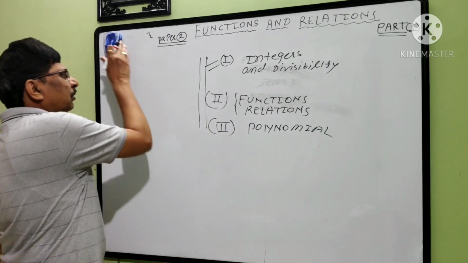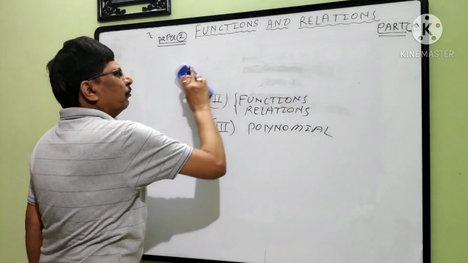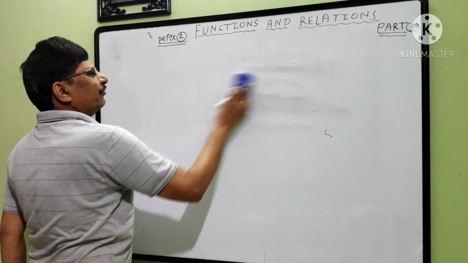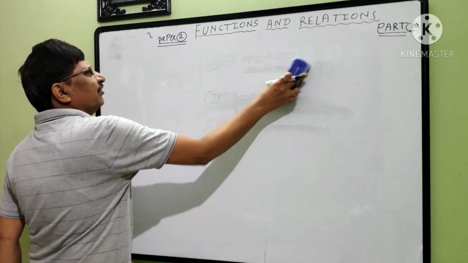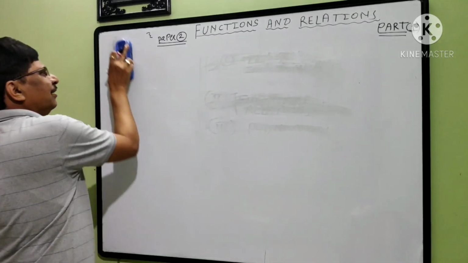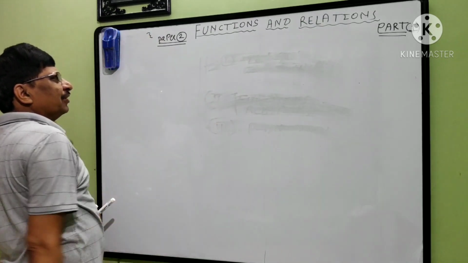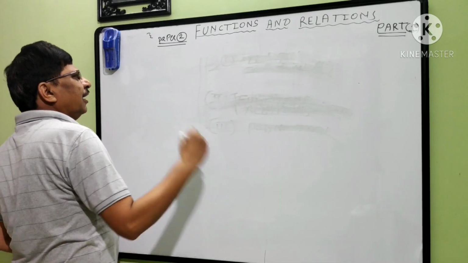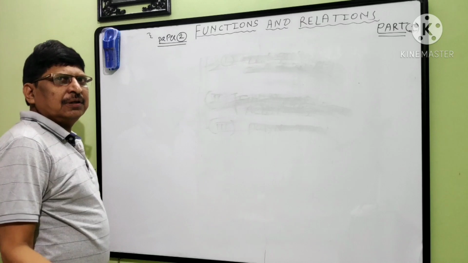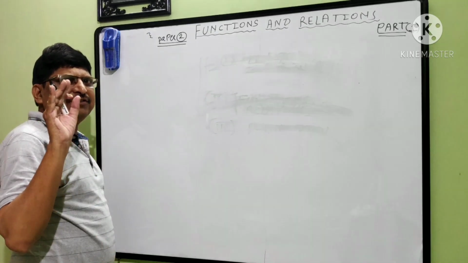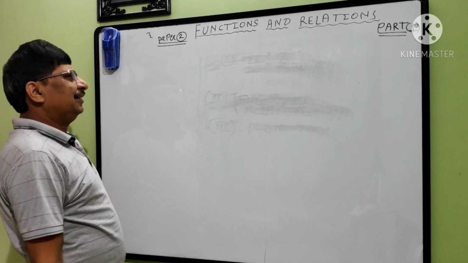Now in this lecture we are going to learn the second unit, that is functions and relations. For that, some fundamentals we require, that is the Cartesian product.